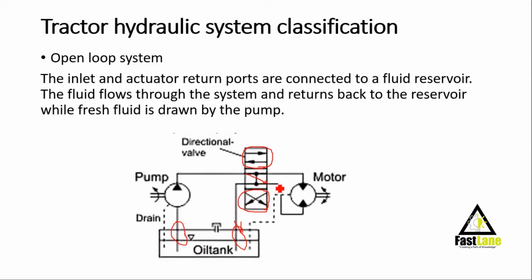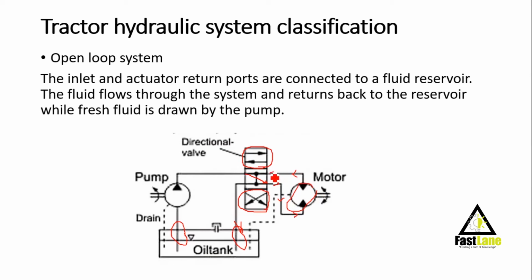So the direction now will be opposite to the first case. So the liquid will pass through the motor, which is our load, in a different direction, which means the direction of motion of the load will change.